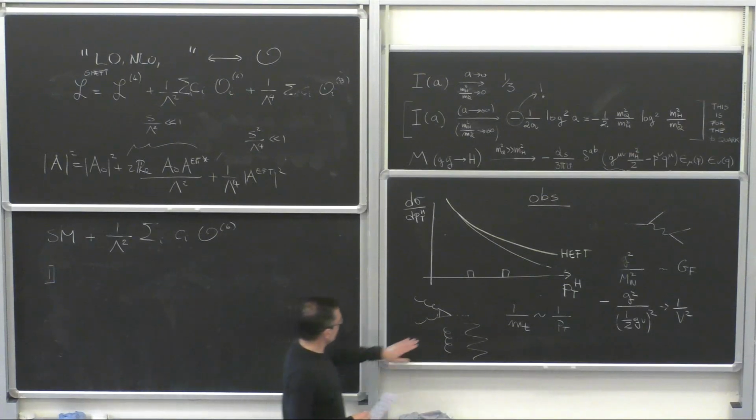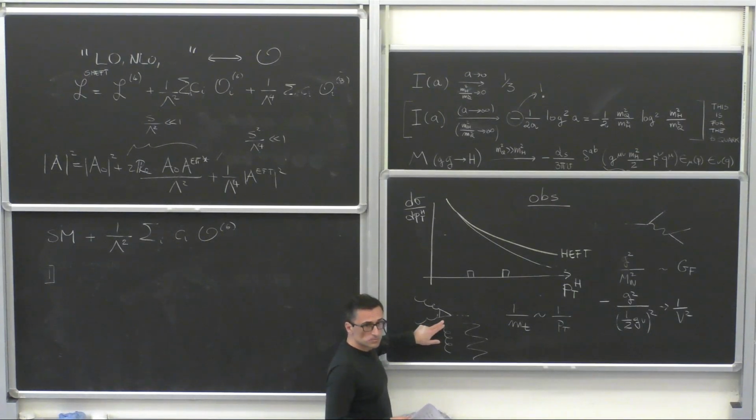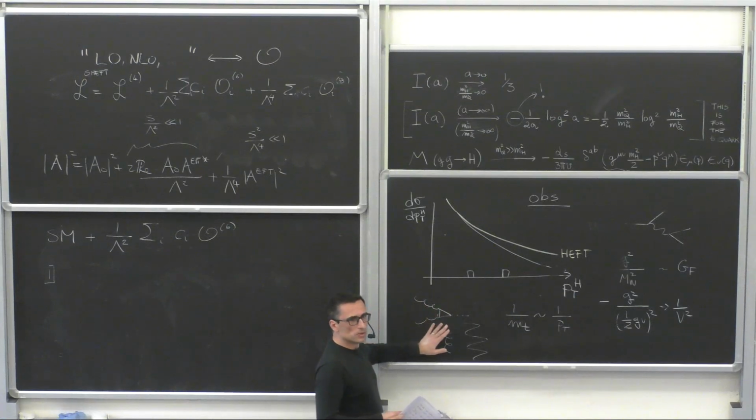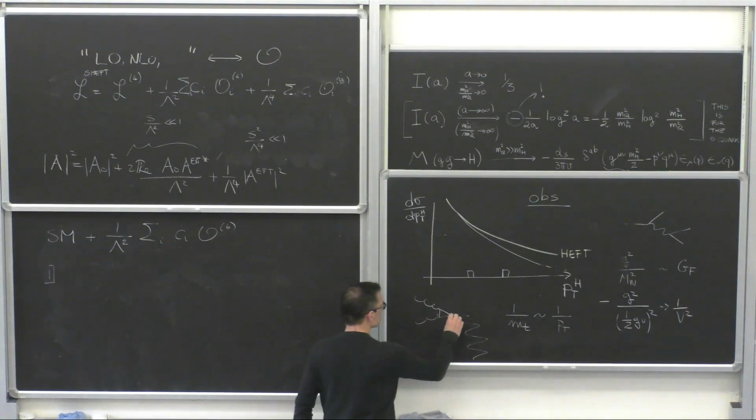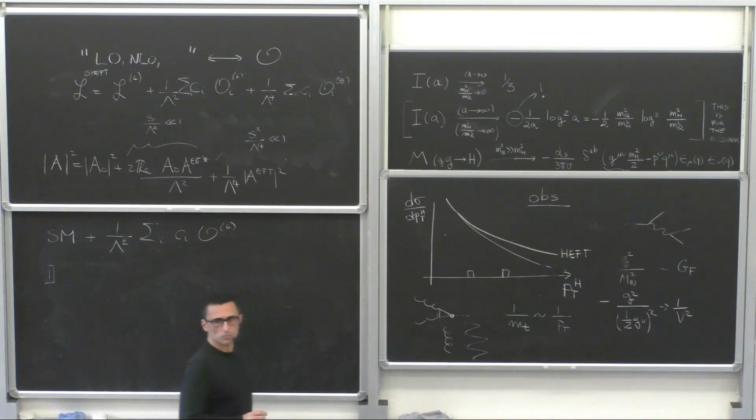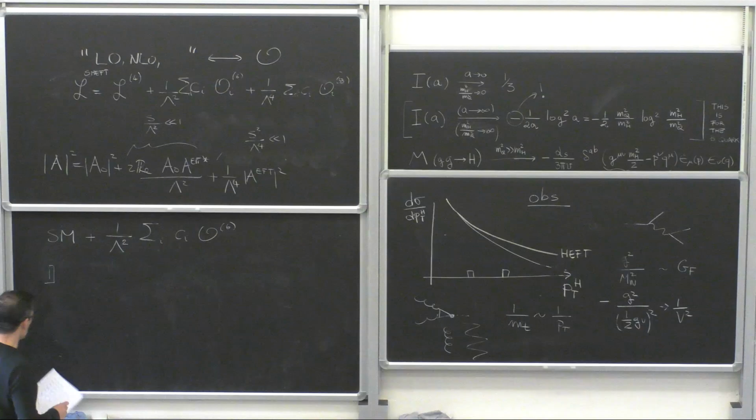So I'm in the standard model, right? I'm here. So one operator that can modify this diagram or this process is when I change the Yukawa of the Higgs to the top quark. So what operator changes the Yukawa of the Higgs to the top?